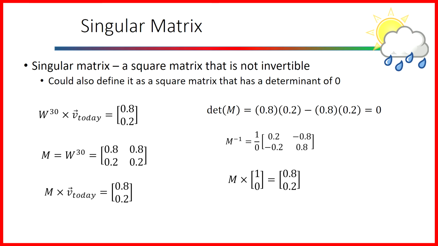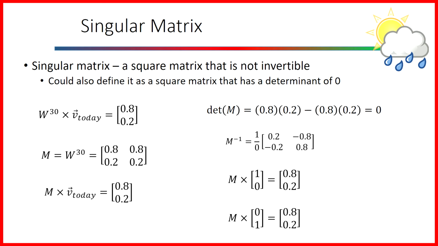If we look at M, we can see why we cannot compute an inverse. No matter what vector for today's weather we multiply M by, we will get the same answer. If we plug in a sunny day, we get an 80% chance of sun a month from now. If we plug in a rainy day, we get an 80% chance of sun a month from now.